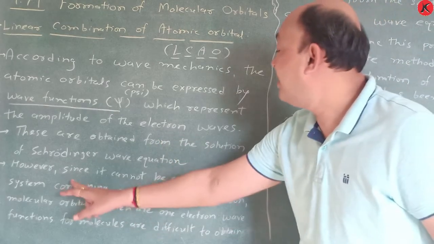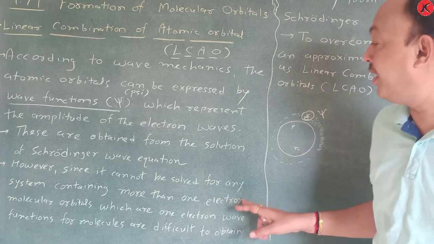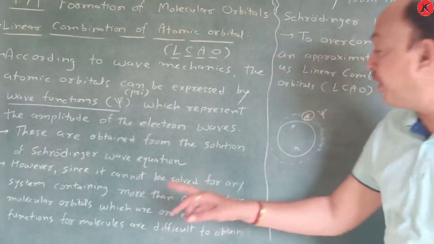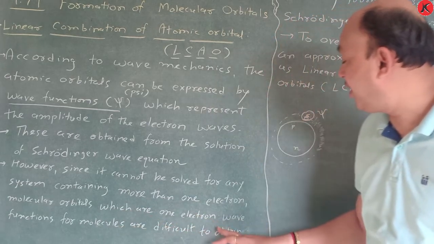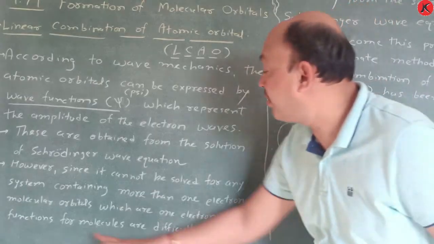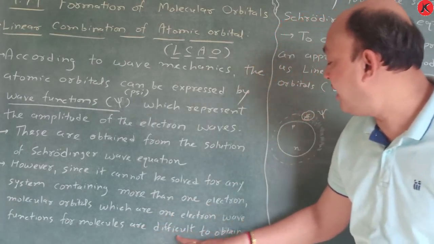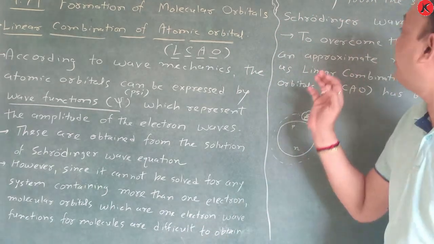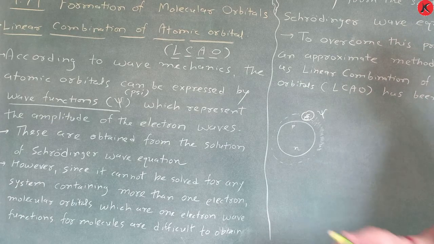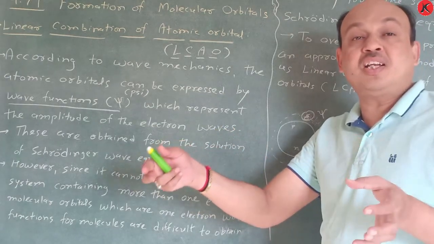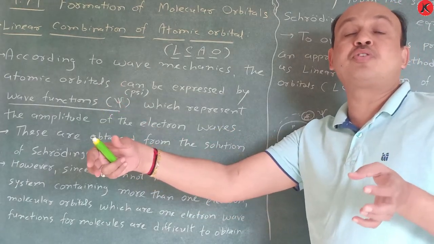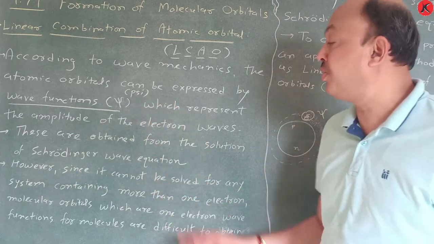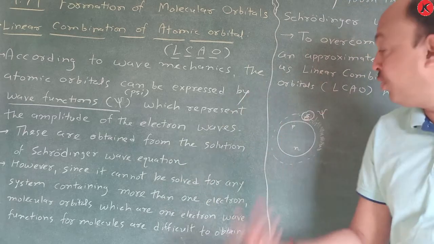Since it cannot be solved for any system containing more than one electron, molecular orbitals, which are one electron wave functions for molecules, are difficult to obtain directly from the solution of the Schrödinger wave equation. Because if a hydrogen atom contains one electron, and another hydrogen atom also contains one electron, so 1 plus 1, that is 2 electrons, and this particular Schrödinger wave equation is only for one electron.